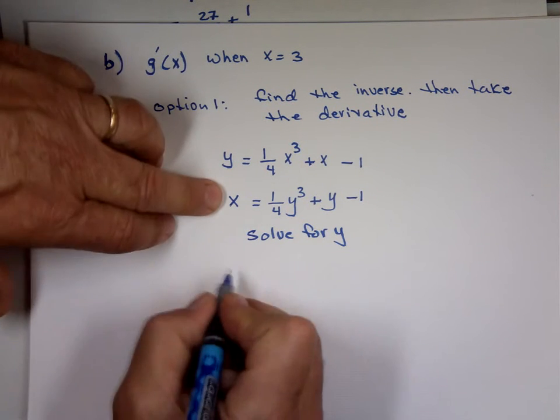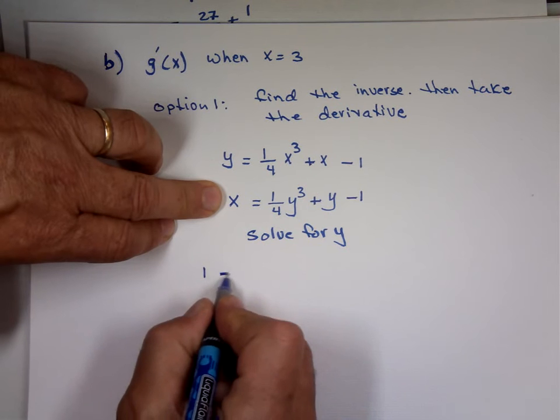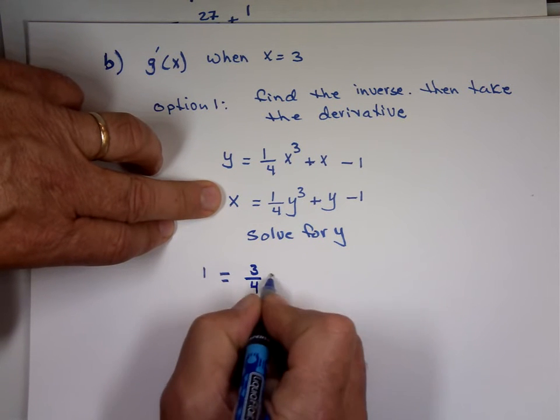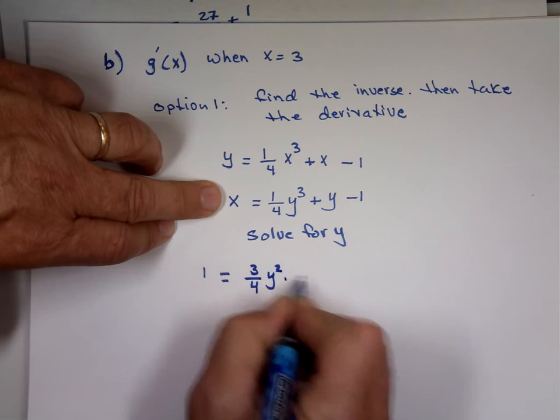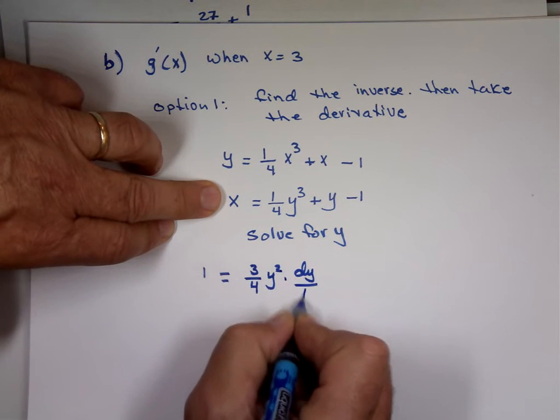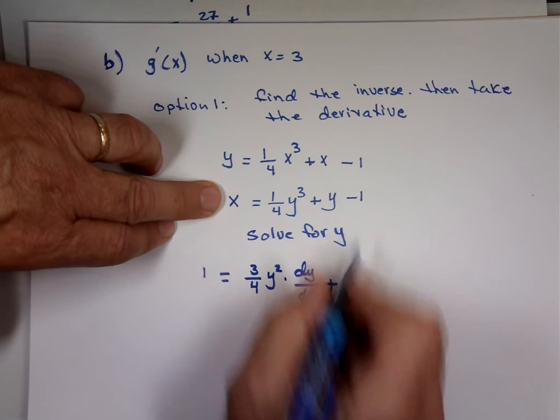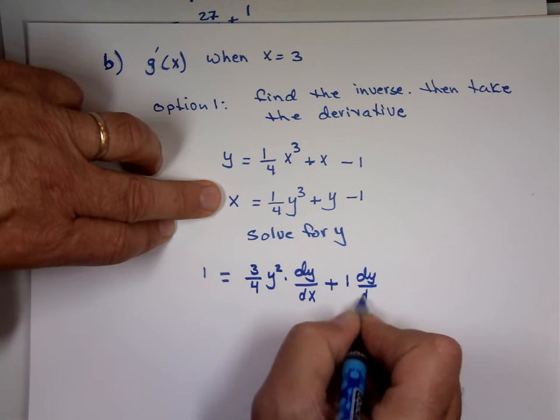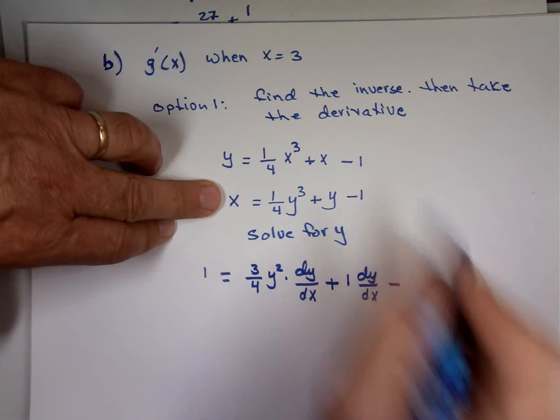So this will be what? Derivative of x, that's 1. Derivative of that, 3/4 times y squared times dy dx, plus the derivative of y, which is 1 dy dx, minus the derivative of 1, which is 0.